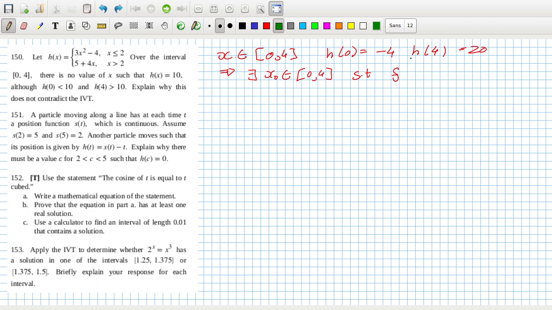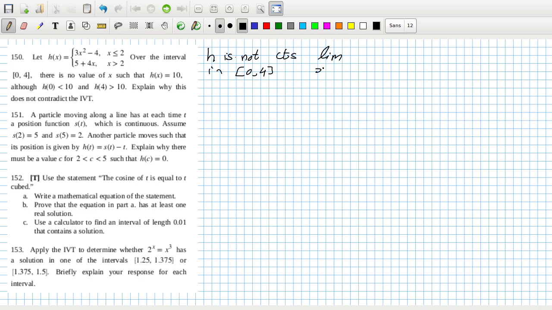The reason it doesn't work here is because f or h is not continuous. H is not continuous in 0, 4. So the limit as x tends to 2 from the left of h of x, that would equal 8.